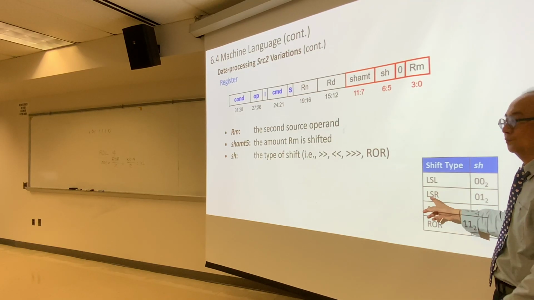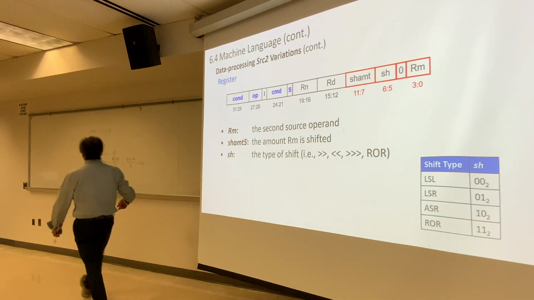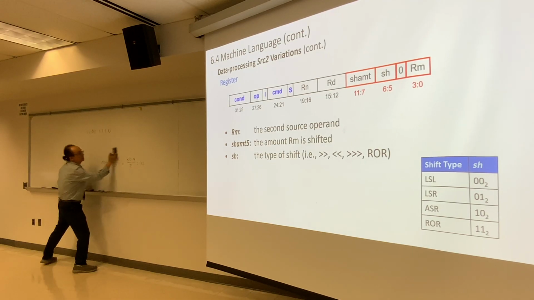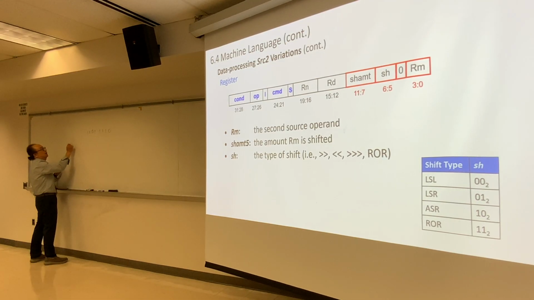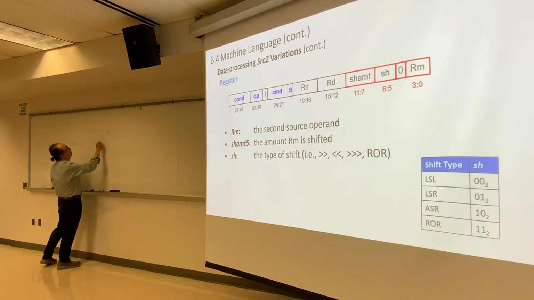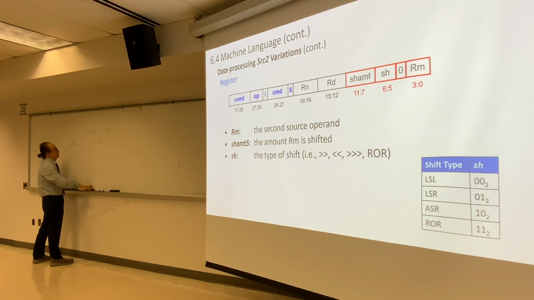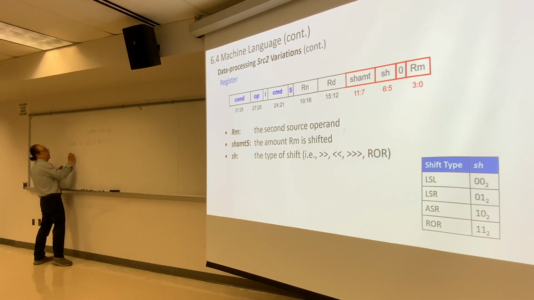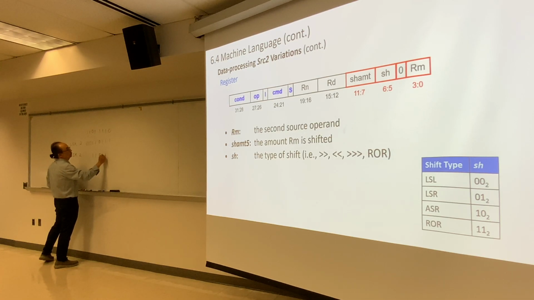So logically shift right, we are shifting to the right by, let's say, 2, if we have 1101 and we logically shift right by 2, we get 110111. And these missing 2 bits are always 0 for logical shift. However, arithmetic shift right by 2, we have 110111.